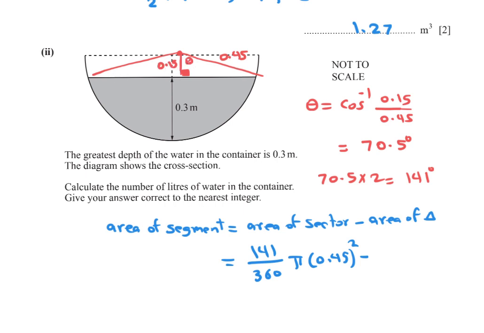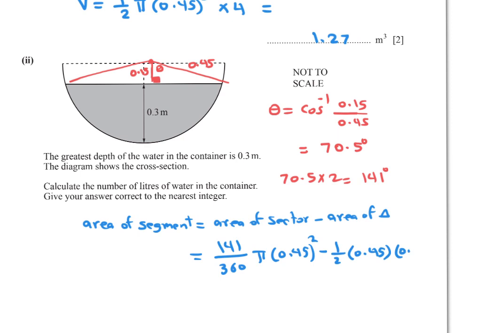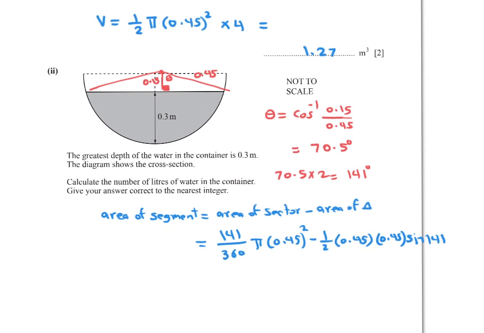So to find the area, we don't need to find this side. Area of triangle is half times side times side times sine of the included angle. So half times 0.45 times 0.45 times sine 141. Again, to find the area of this segment, find the area of the sector minus the area of the triangle.